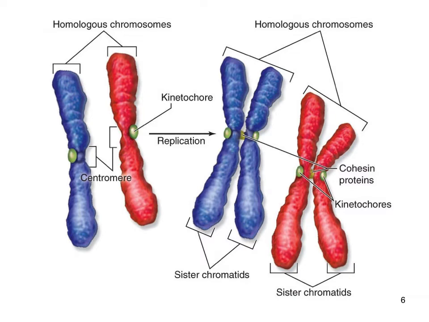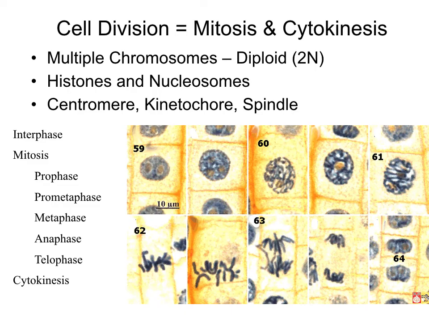After the DNA has been replicated, the duplicated versions will be held together as sister chromatids by the centromere. So you'll have a duplicated version of chromosome 1 that comes from the father, and a duplicated version from the mother. And this is how we enter cell division.